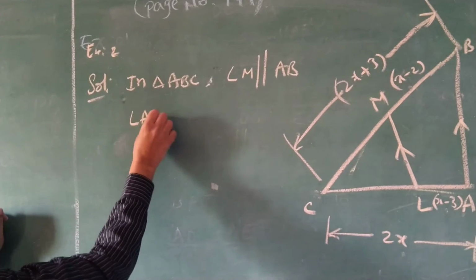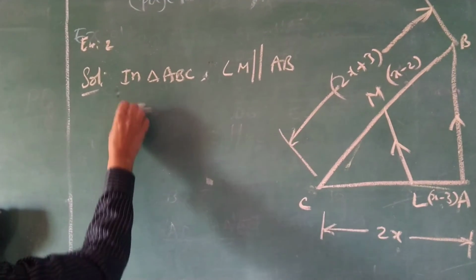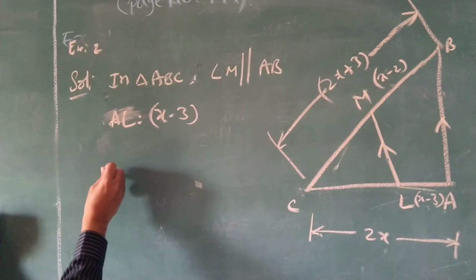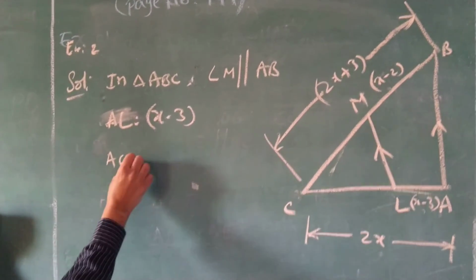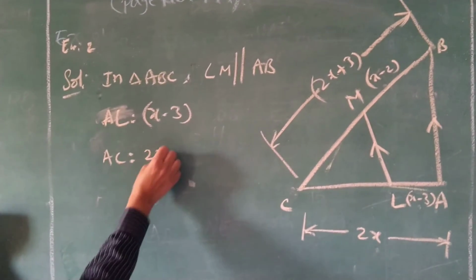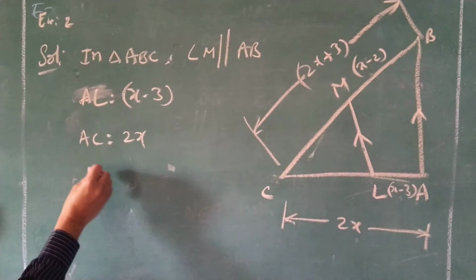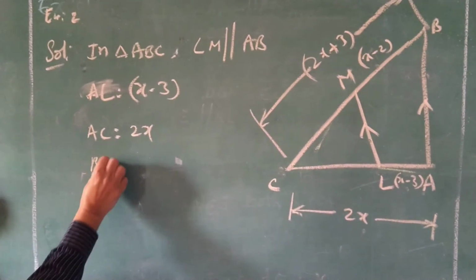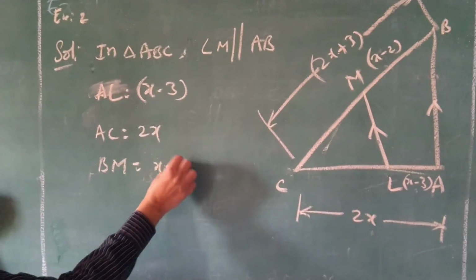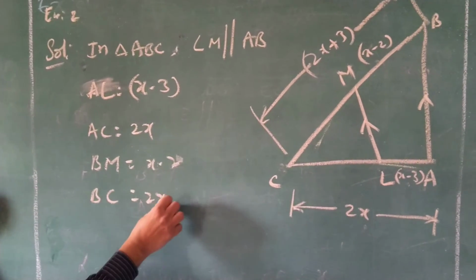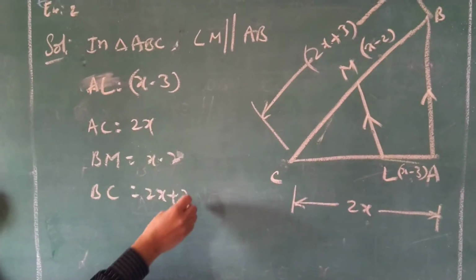AL is equal to x minus 3. AC is equal to 2x. BM is equal to x minus 2. BC is equal to 2x plus 3.